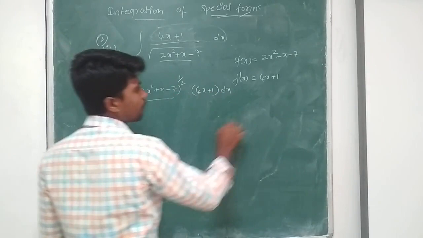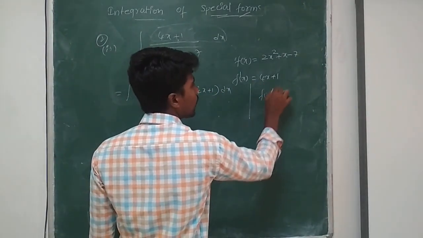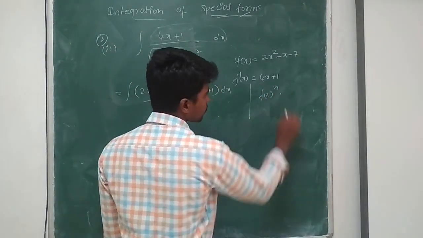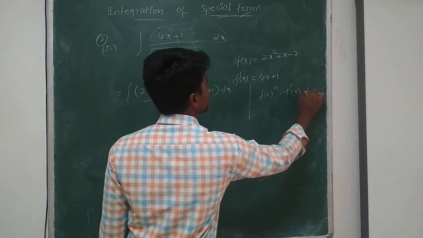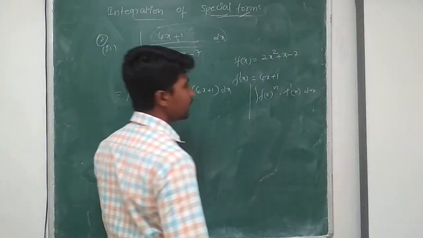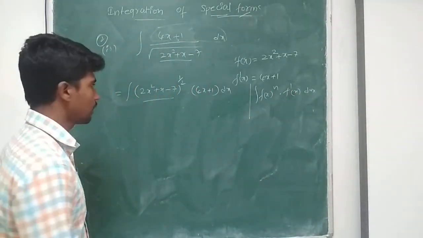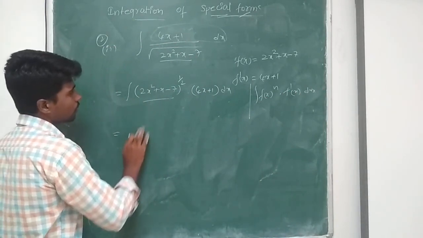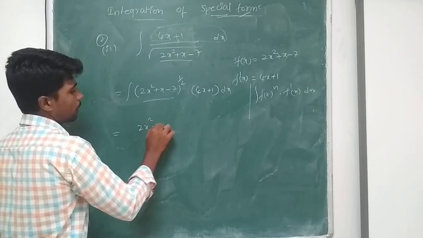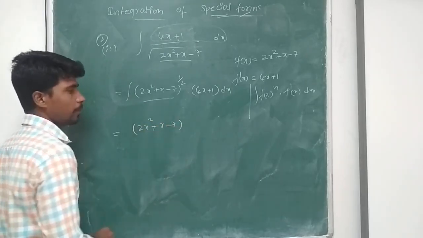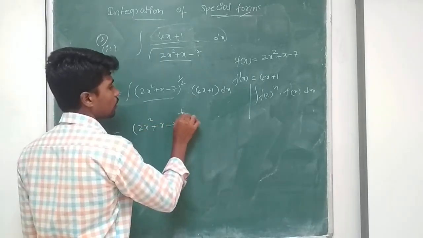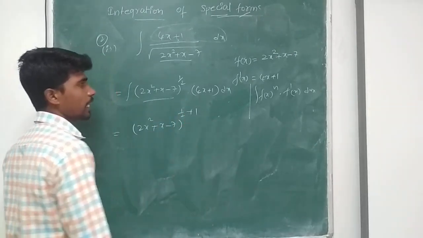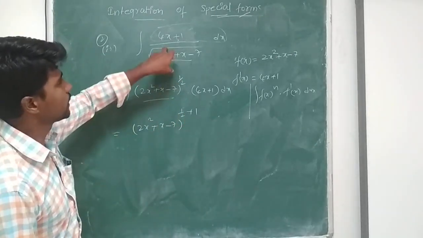Now it is in the form f of x power n into f dash of x dx. So if it is in that form, what is our answer? Our answer is f of x power, meaning (2x square plus x minus 7) to the power n plus 1, 1 by 2 plus 1. But actually it is not 1 by 2, it is in the denominator.